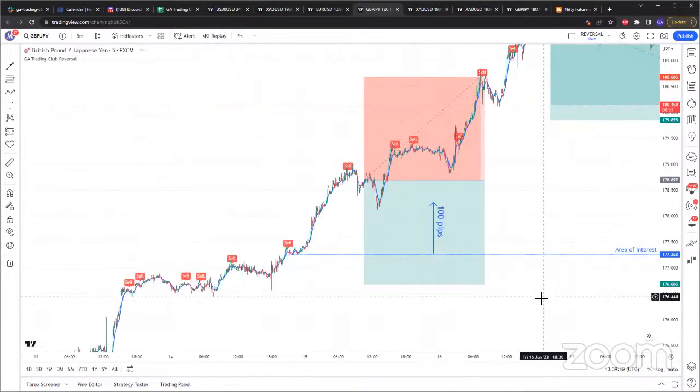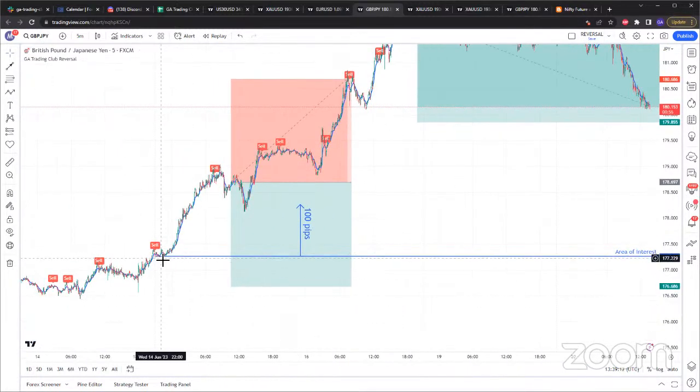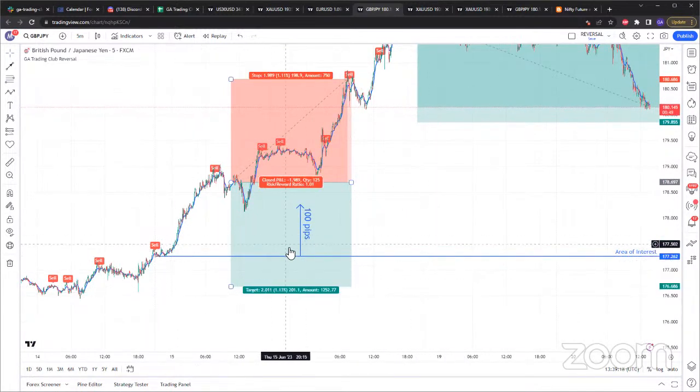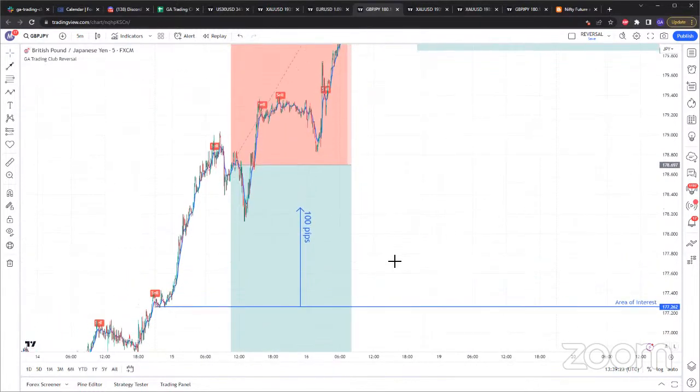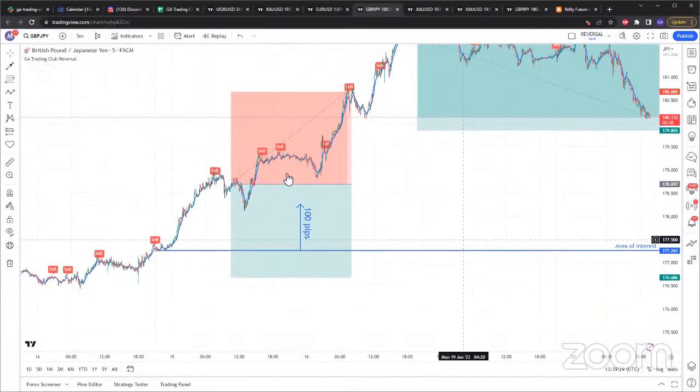You always identify your area of interest, which is the last time price was consolidating before the trend. With GJ, a trend to me is consistently above the 9 EMA for about 100 pips. That's why we entered this sell on GJ with a 200 pip stop loss and 200 pip TP.